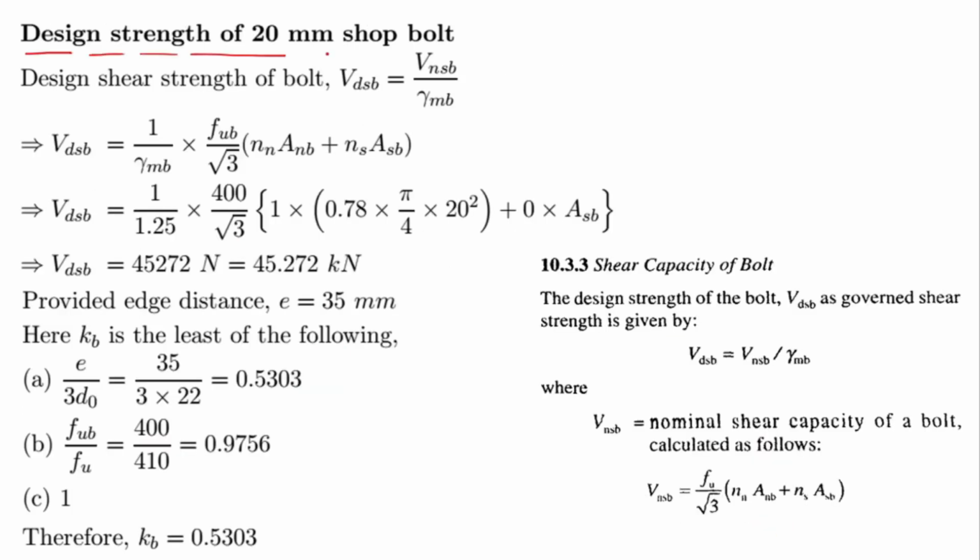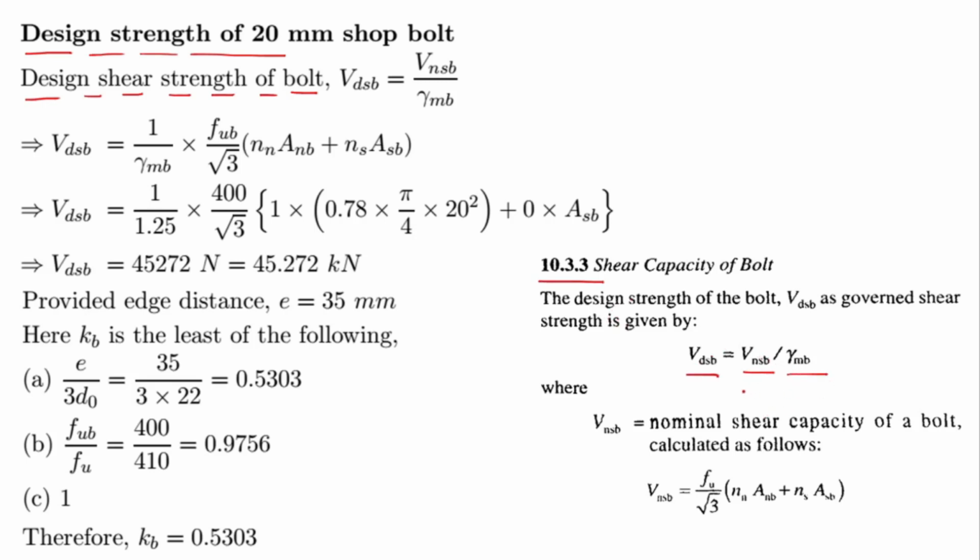Now we have to calculate the design strength of 20 mm bolts, which will be used in the connection between the channel and the batten plates. First we shall calculate the design shear strength of the bolt. If you follow clause number 10.3.3 of IS 800, the design shear strength of the bolt V DSB is equal to V NSB by gamma MB.